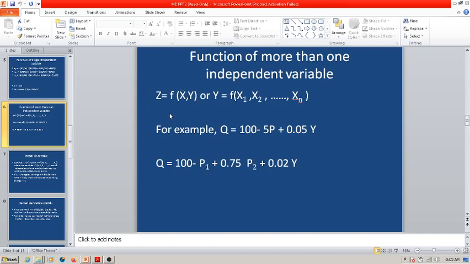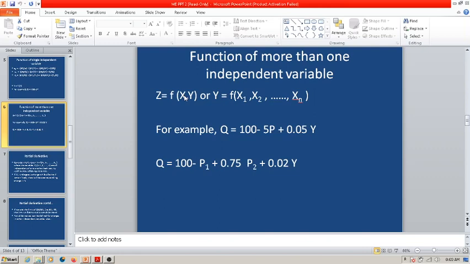Suppose the function is like this, z is equal to f of x, y. You want to calculate the impact of a change in x on z. Here we can make use of partial derivative. We can calculate the partial derivative of z with respect to x.